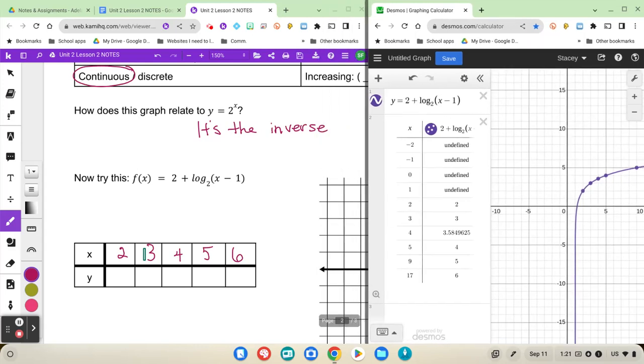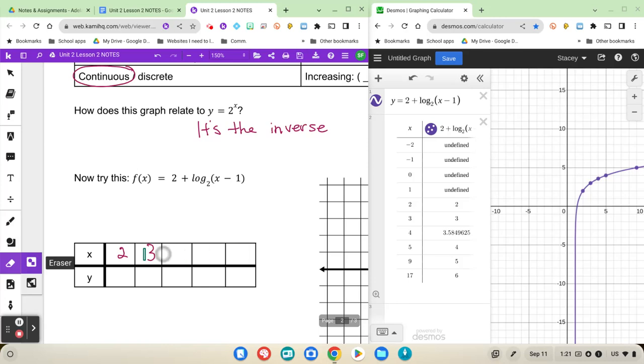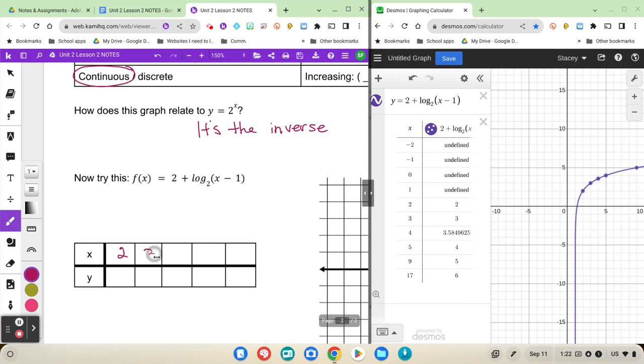Those are actually the wrong numbers. Those are going to be below us. Actually, they are going to be 2, 3, 5, 9, 17. And it's going to be 2, 3, 4, 5, and 6.